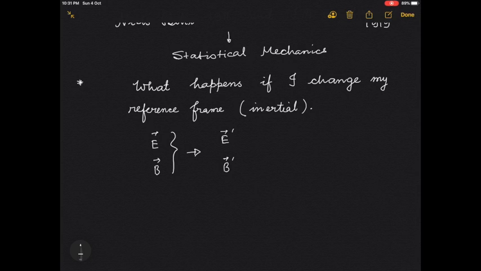I am not writing the transformations, but you probably know that E prime will depend on both E and B, and obviously on the relative velocity, so I write capital V, and B prime will also depend on both E and B.